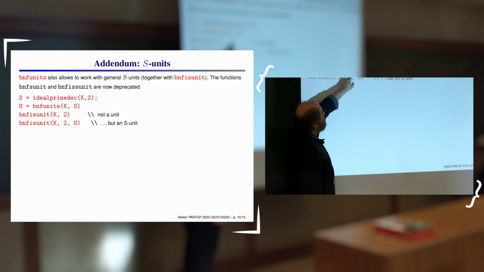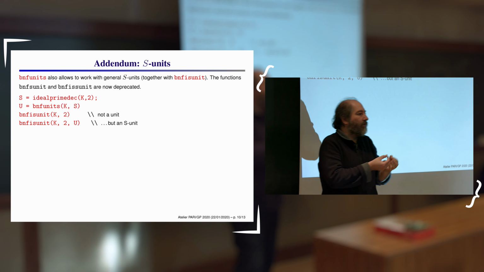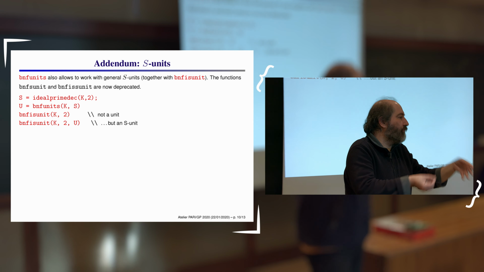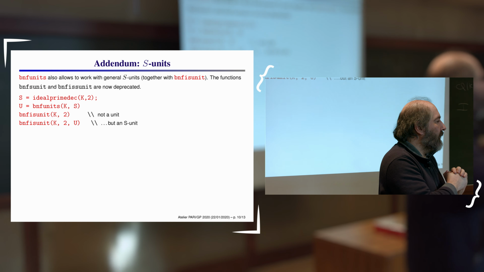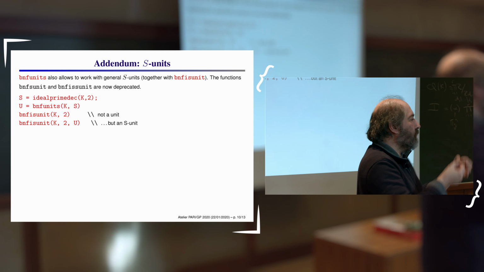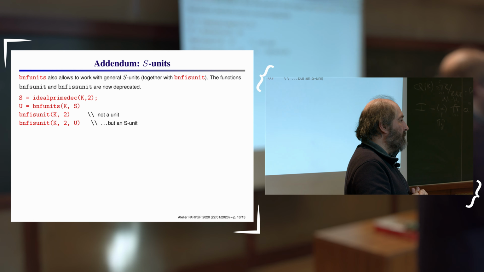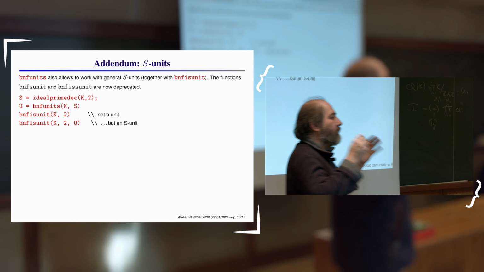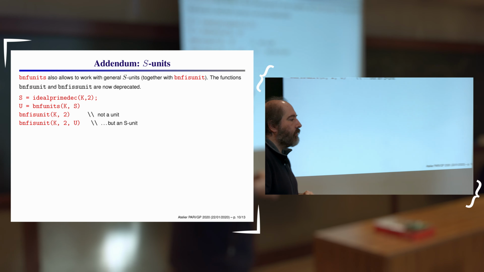You can do BNF is unit like this without using BNF units, except that you cannot know, without deprecated constructs, precisely which unit you're computing. But abstractly, in this group, as a black box, you can, yeah, sure.